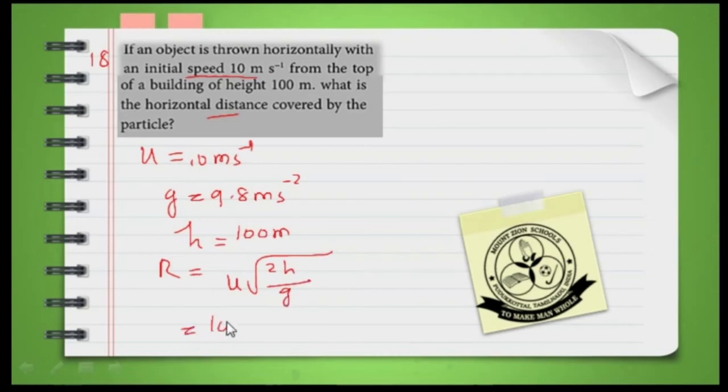So when you substitute 10 into 2 into 100 by g, we may just calculate as 100 into 1 by 4.9. How? In the previous step, inside the square root there was 100.